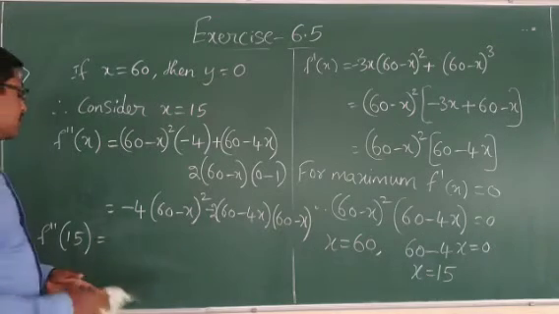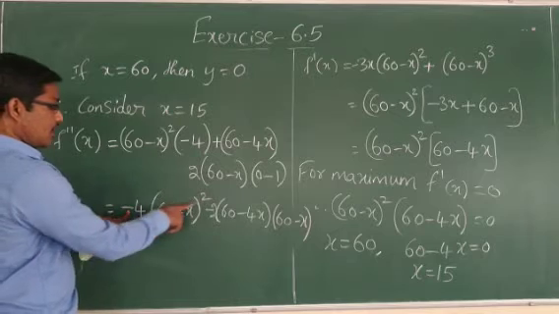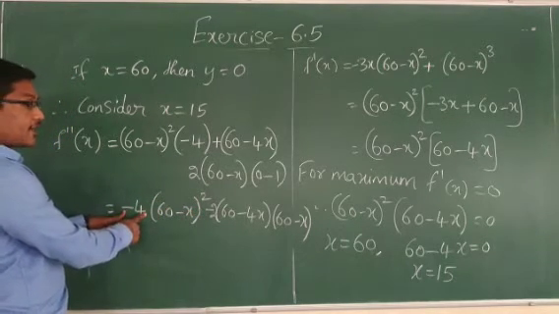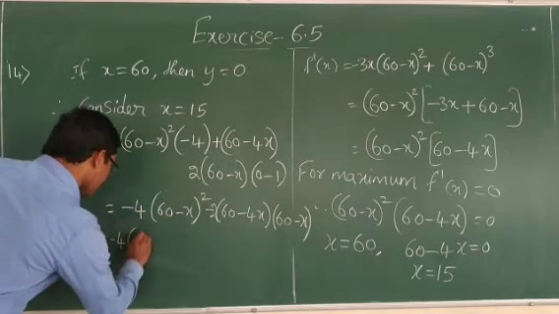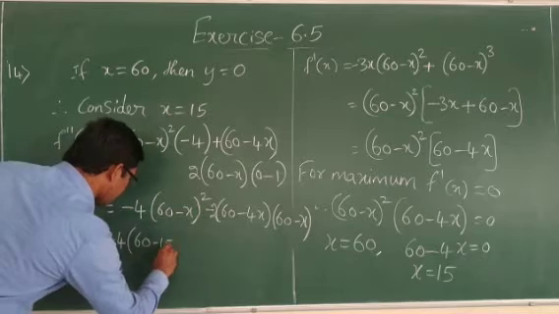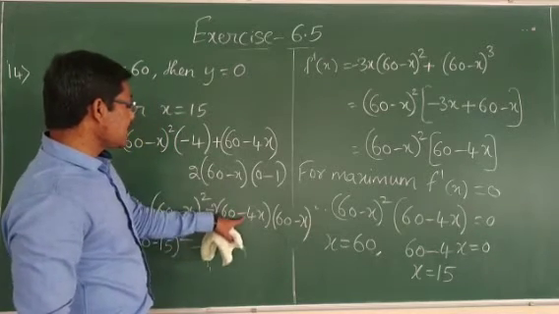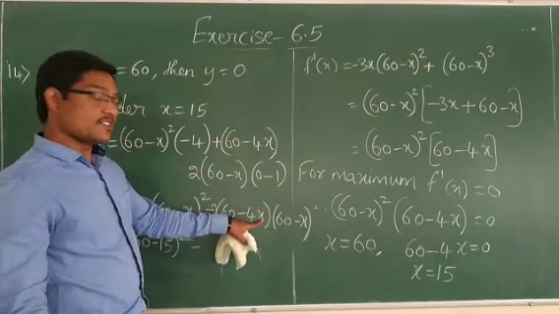Substitute 15. See, this is minus 4, and this is always positive. This is positive into negative. So this will be negative. So minus 4 into 60 minus 15 whole square, minus, this is 60 minus 4 into 15. 4 into 15 is 60.